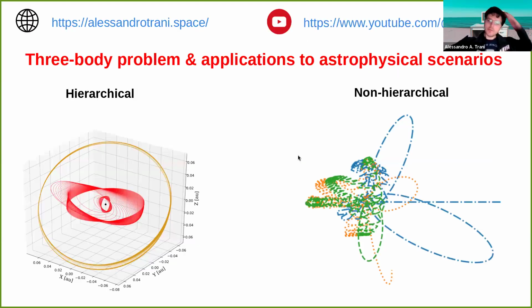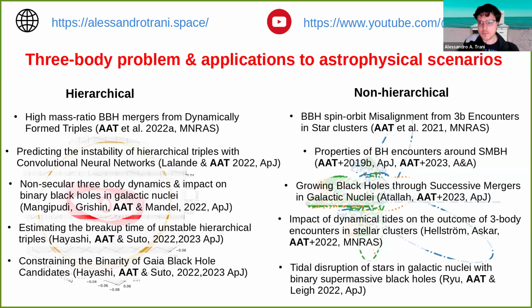And okay, final, moving a bit out from gravitational waves and AGNs. What the rest of my research is actually on is the three-body problem, the gravitational three-body problem, and application to astrophysical scenarios. So I showed you one, but there are actually many others.